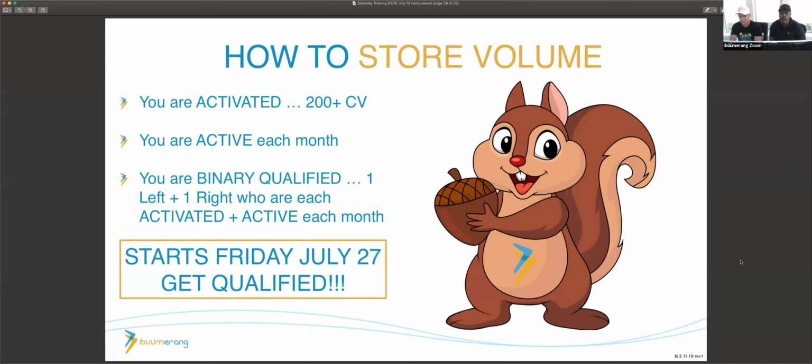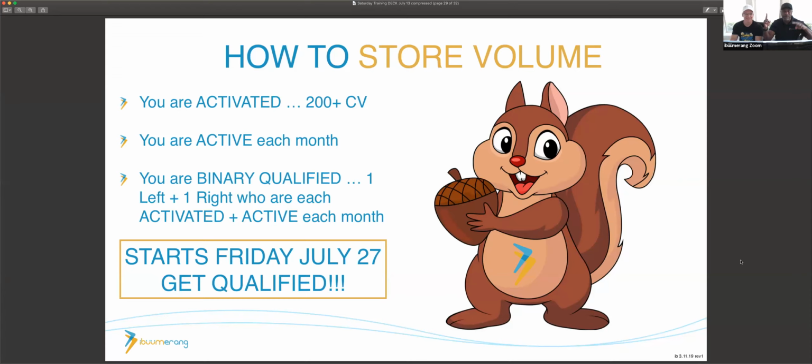Now, the third qualifier to store volume in the dual team is you need to be binary or dual team qualified. What does that mean? It means you need to have at least one person that you've personally sponsored on your left side and one person that you've personally sponsored on your right side. And I forgot the screen's backwards for everybody else.